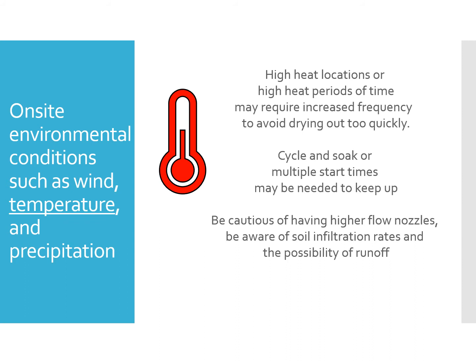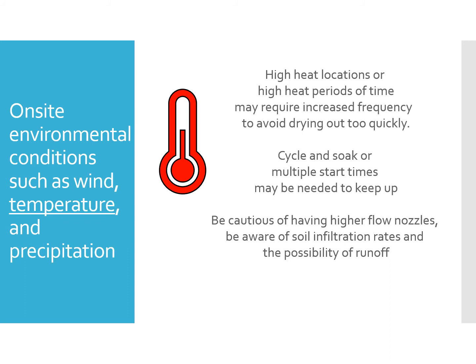You may have to irrigate it more frequently, where you might be able to get away with a couple of times a week for part of the property. You may have to water either every day or every other day, or just more frequently, to make sure that particular zone doesn't dry out too quickly.